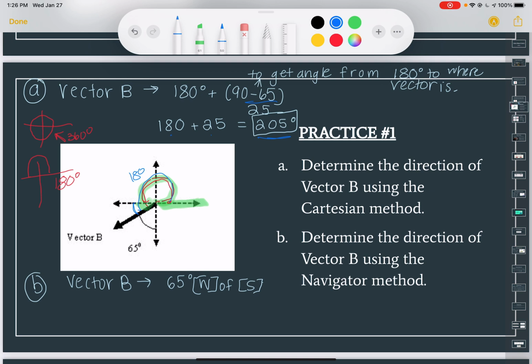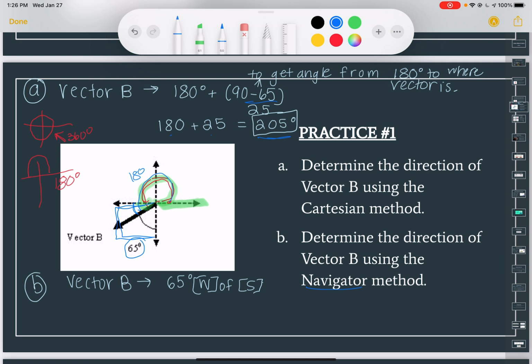And then using the navigator method, we determine the direction, starting at north, but really we're looking at it in that sort of quadrant. So with the navigator method you're only looking at that little quadrant, and you write down the number there, 65 degrees, and then tell the direction it's going.